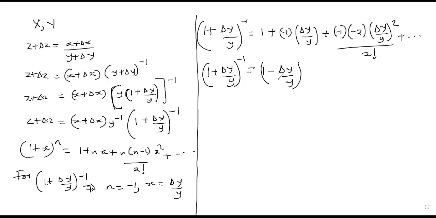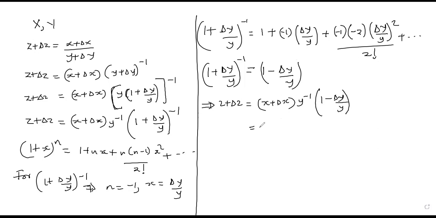So now it means that our z plus delta z is going to be equal to x plus delta x, then y to the power negative 1, then we substitute 1 minus delta y over y, right?